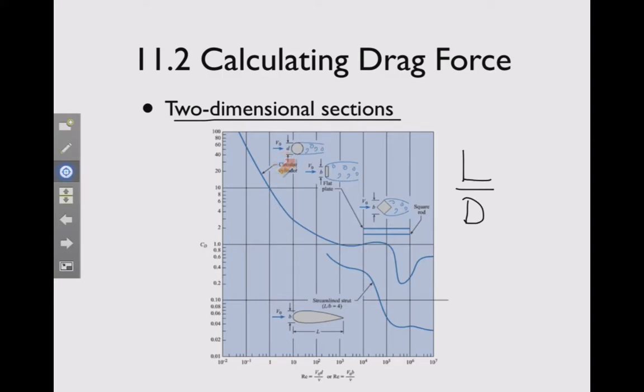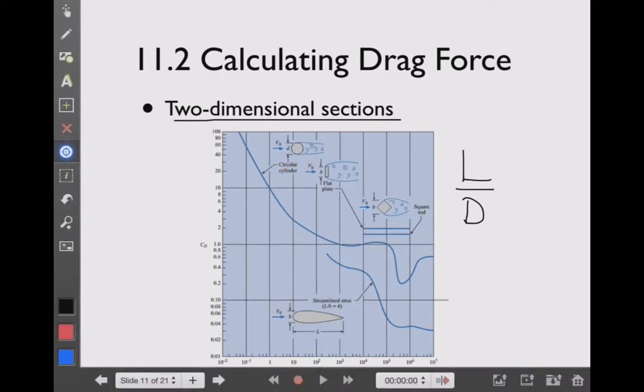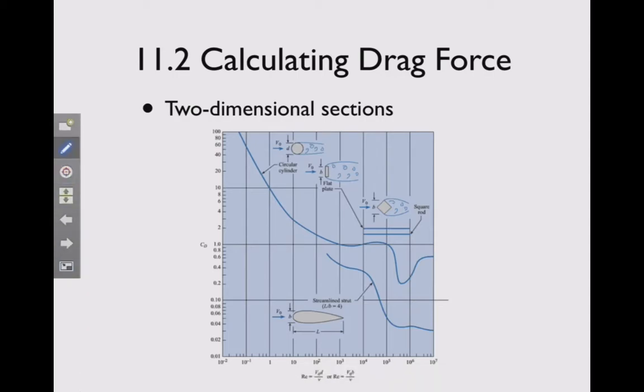Here's d. Let me make that a little d. So the length over the relevant dimension, either d or b here, is going to have to be greater than or equal to 20. In order to use these data, basically the length to the width, or the cross section of these objects, has to be quite large. The length has to be very long.